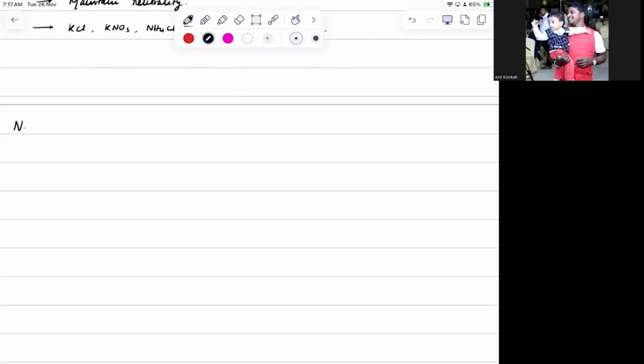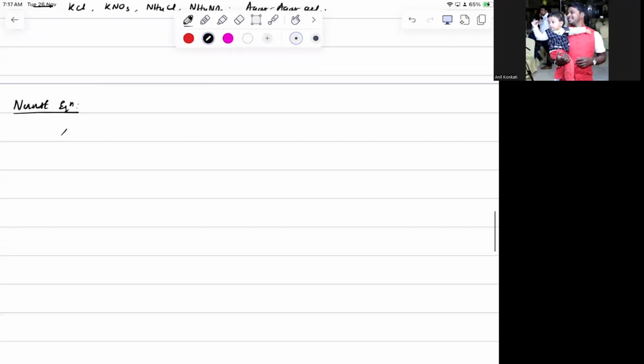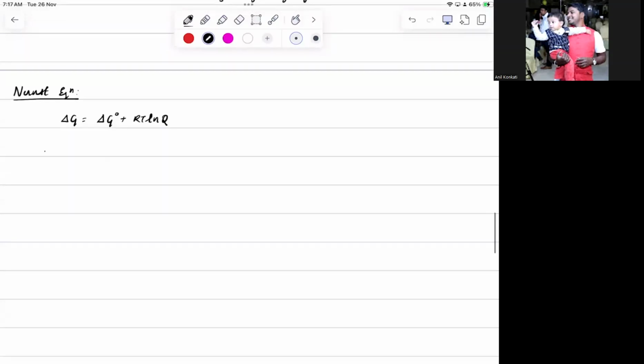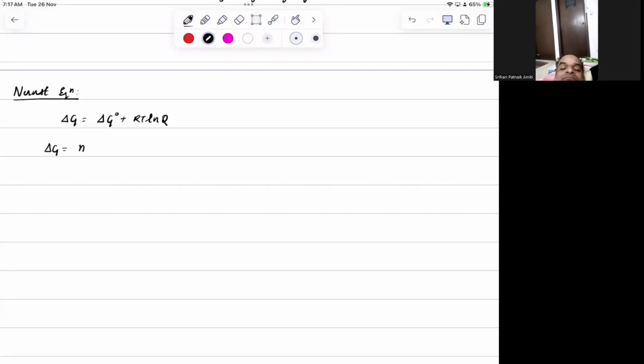Next term we need to understand is the Nernst equation. Delta G is equal to delta G naught plus RT ln Q. This is what we encountered earlier as a thermodynamic equation, isn't it? Here, delta G can be represented as minus nFE cell, not at standard conditions, and delta G naught is minus nFE naught cell, at standard conditions.